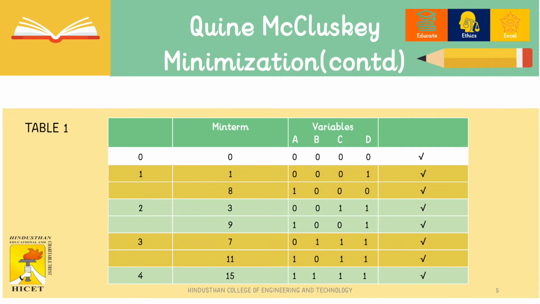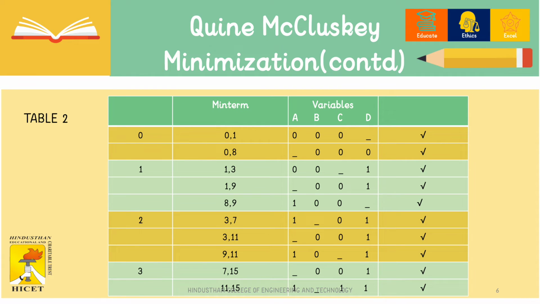Similarly, in table 1, we again compare 0 of group 0 with 8 of group 1. There we can see that the variable under A alone has a change and the remaining 3 are the same.